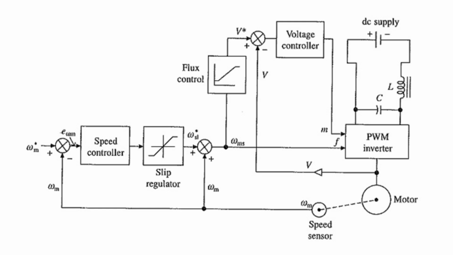Here we can use any type of controller, but generally a PI controller is preferred. Why a PI controller is preferred is that it gives a good steady state error and attenuates the noise. These are the two points why we choose the PI controller. Both for the speed controller as well as the slip regulator, we are using a PI controller.